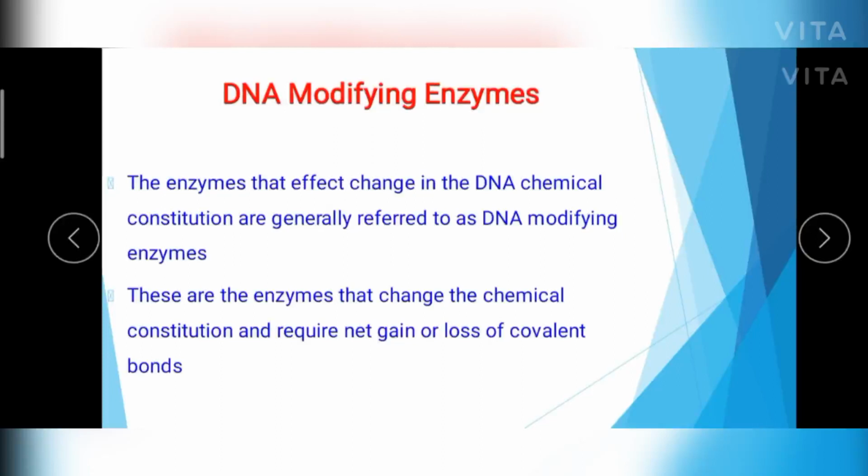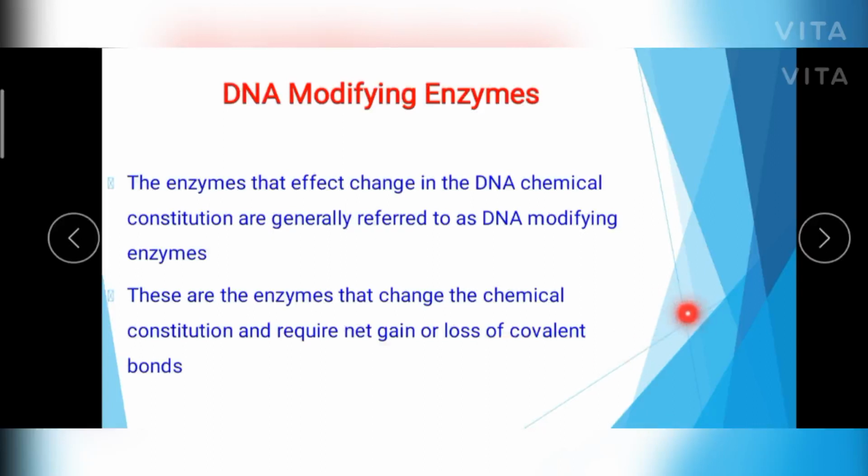So these enzymes affect the change in the DNA chemical constitution by adding certain functional groups or removing groups like phosphate group or hydroxyl group. In that way, they change the chemical constitution of the DNA, and also by means of gain or loss of bonds, the changes are made.